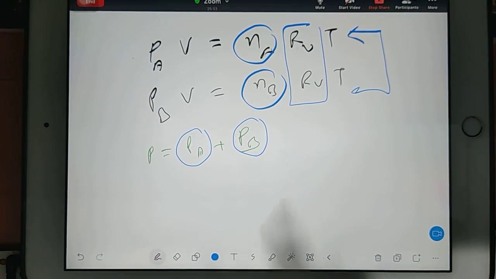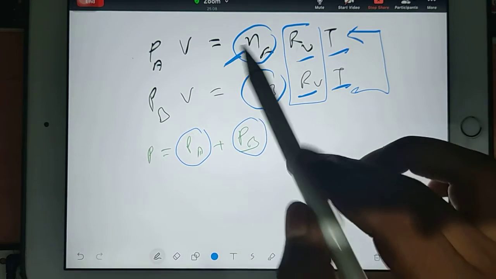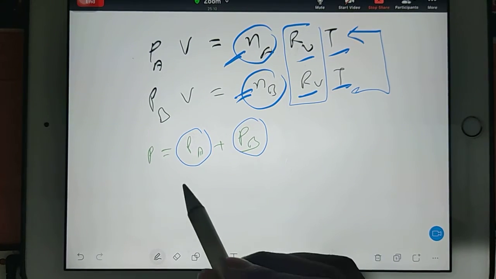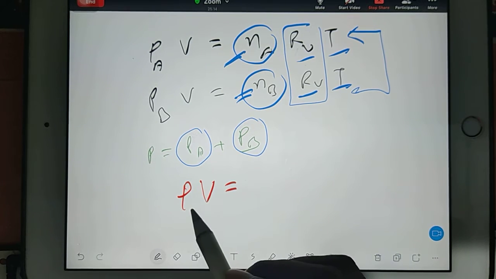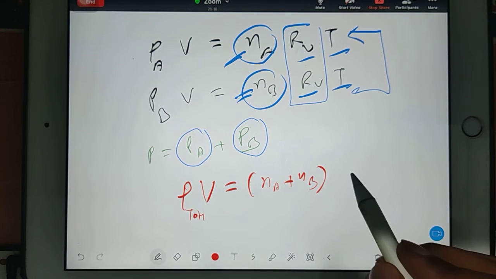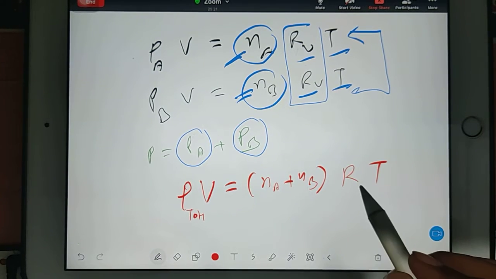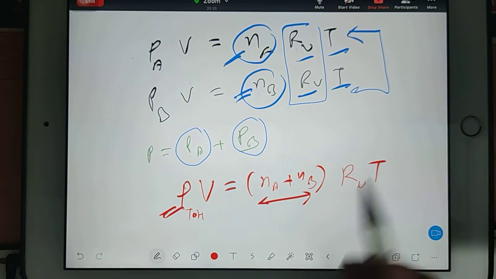This is common, this is common, this is common. So finally, what you are adding is the number of moles. The total pressure in the total volume is nA plus nB times R universal T. So if you add both numbers of moles, you will get the total pressure. Simple.